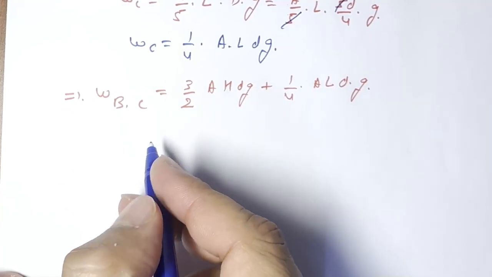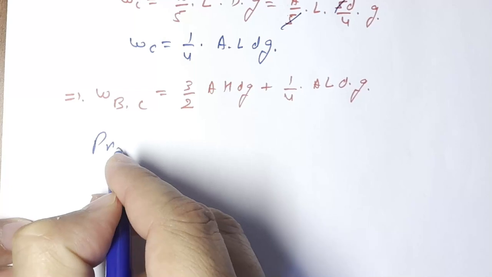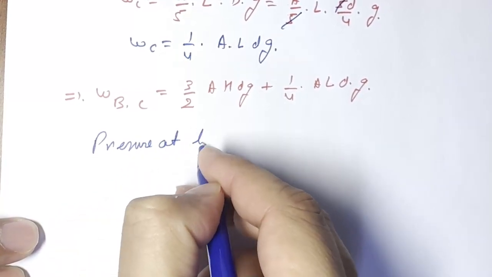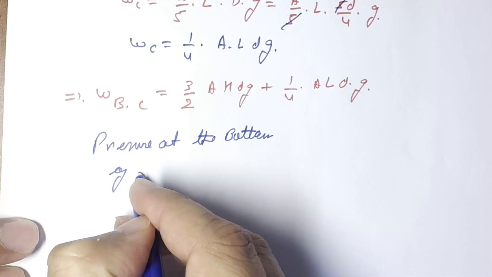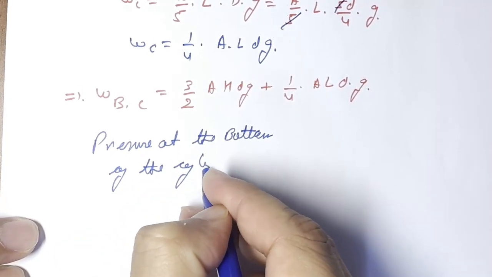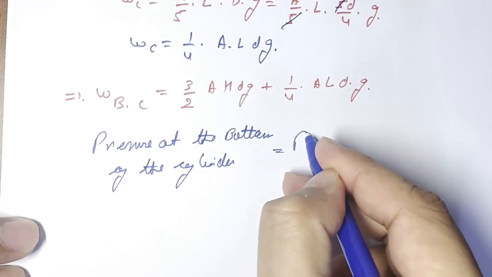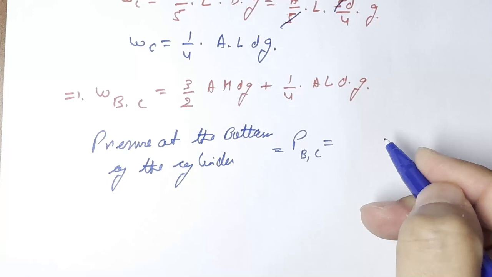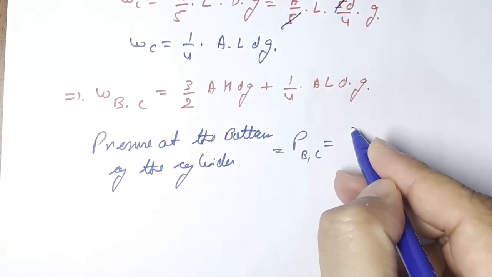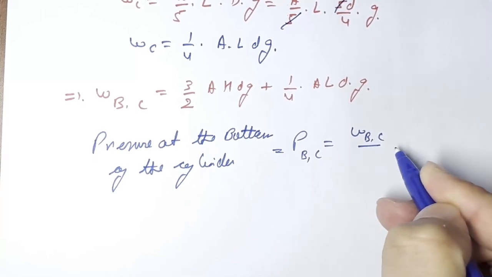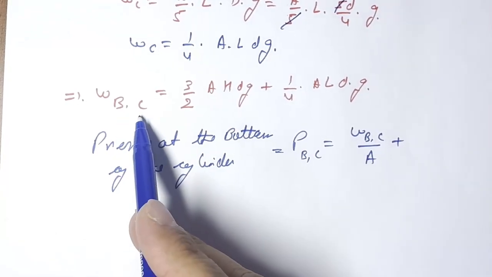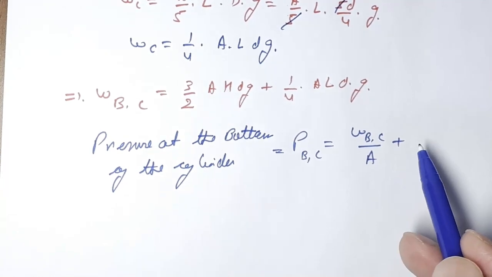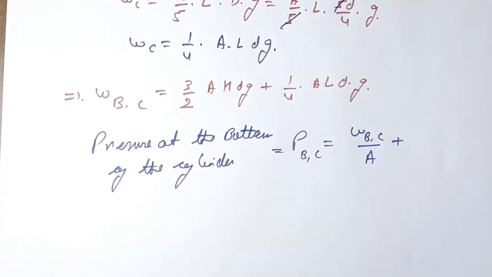So pressure at the bottom of the cylinder will be equal to the total weight at the bottom divided by area. I think I made a mistake here. It is the container, not the cylinder. My mistake.